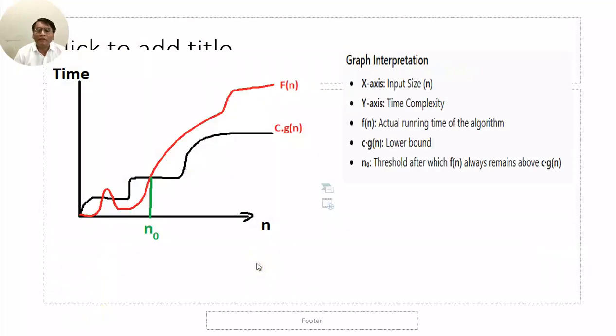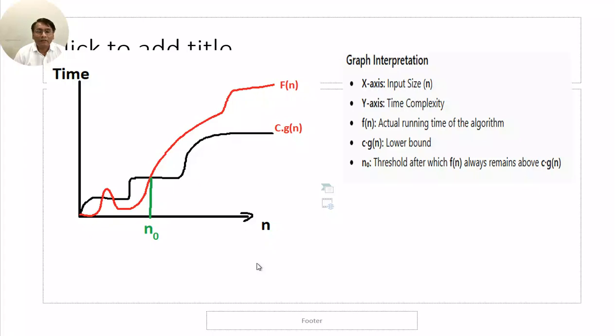This is the graphical representation of big omega. Here the red curve represents the actual algorithm time complexity, and the black curve represents the lower bound, represented by c times g(n).